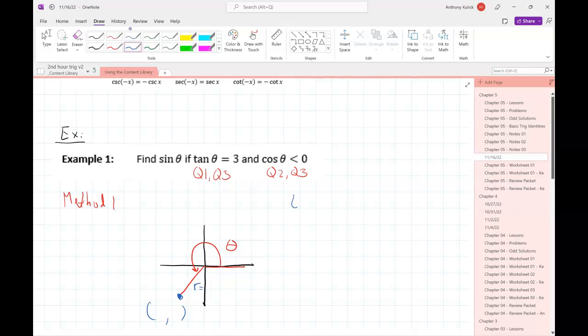If tangent is y over x, and I know tangent is 3, I know y over x is 3. So if I think about that as just 3 over 1, I can say that y is 3 and x is 1. Everybody's okay with that? But what quadrant are we in? 3. So what should I really write here? -1 and -3.